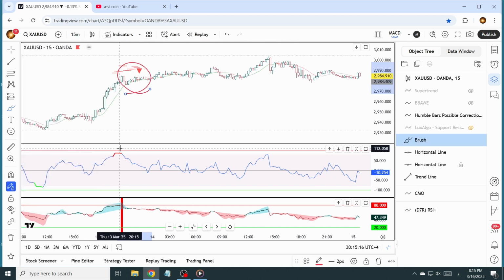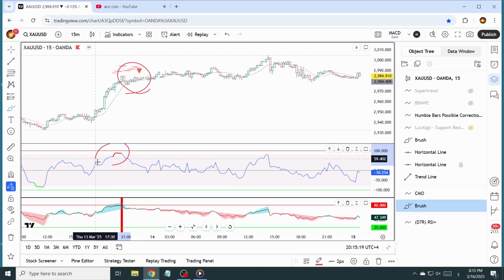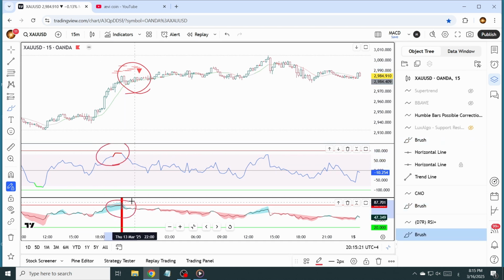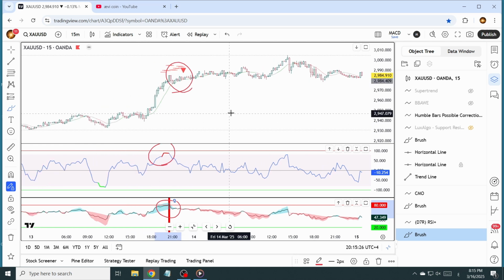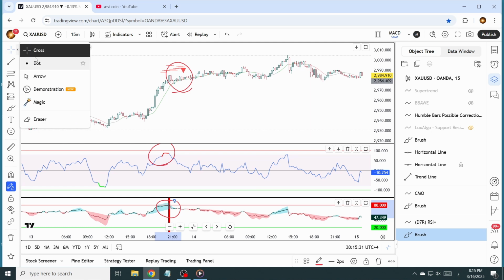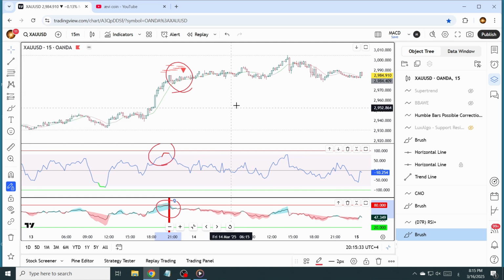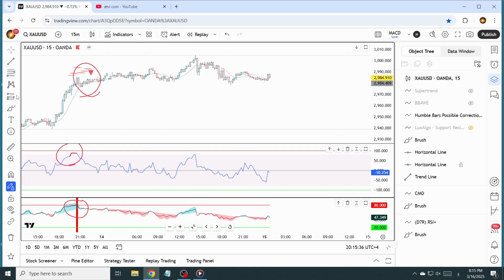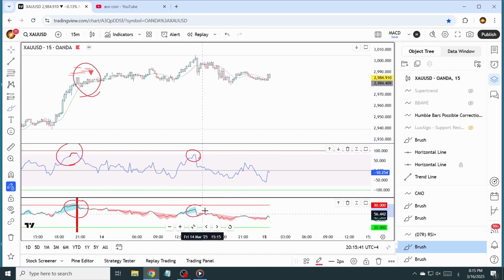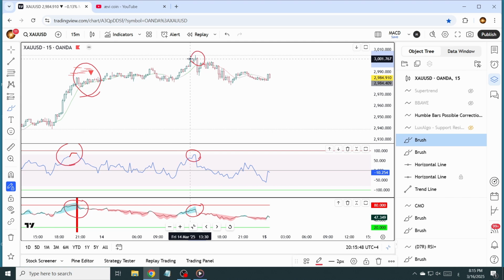This area here, we have a new high, and this area here, and also this area here, we have a higher high. Now we can see that the highs here in the momentum and in the RSI are lower than the previous high, and the high here is higher in terms of price.